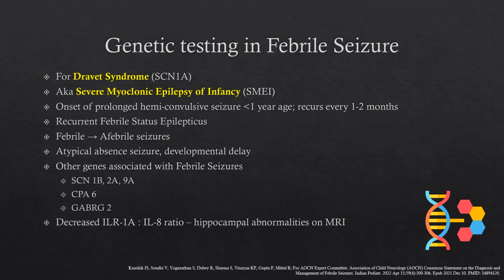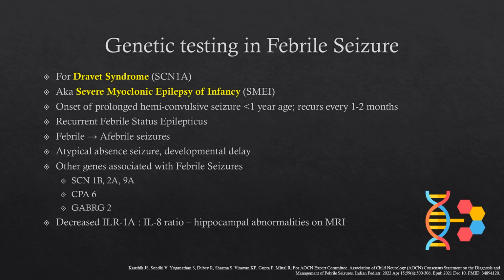How does it present? Usually the onset of Dravet syndrome is in infancy, that means less than 1 year of age. And how does it start? It usually starts as prolonged hemiconvulsive seizure, that means seizure involving one half of the body, and it usually recurs every 1 to 2 months. That means recurrent prolonged hemiconvulsive seizures or focal seizures are seen. Recurrent febrile status epilepticus may be seen, and initially the seizures are febrile, but later they may progress to afebrile seizures.